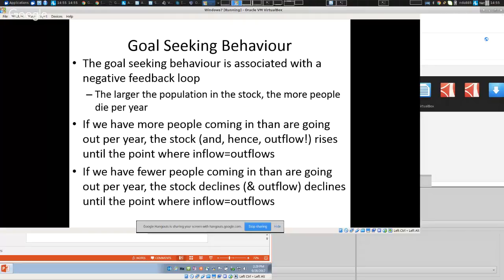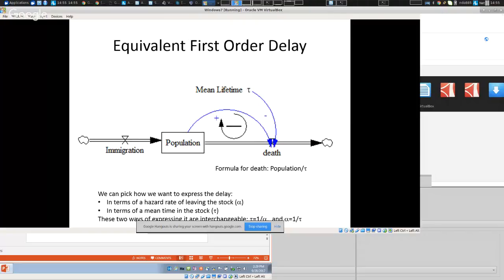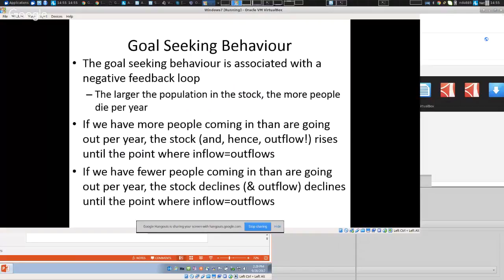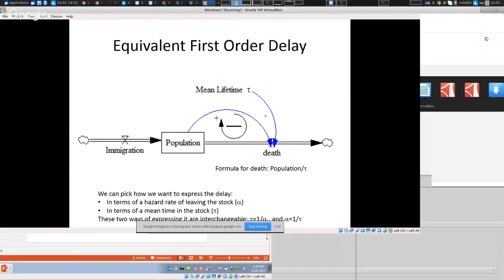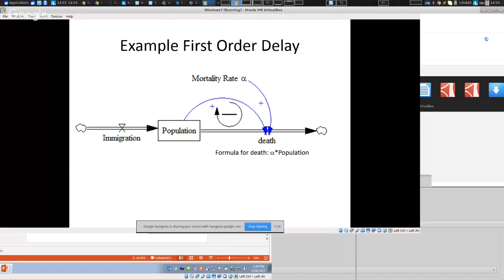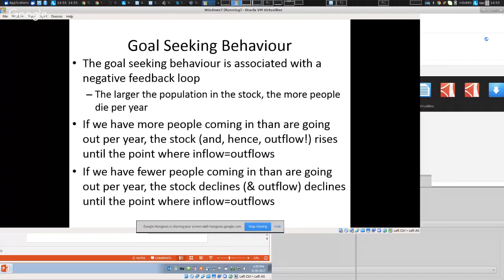Okay. Now, beyond these niceties involving dimension, this type of first order delay has goal-seeking behavior, right? The larger the population is in the stock, the bigger will be the value of the population divided by tau, by a constant, or the larger the value of population times alpha, right?